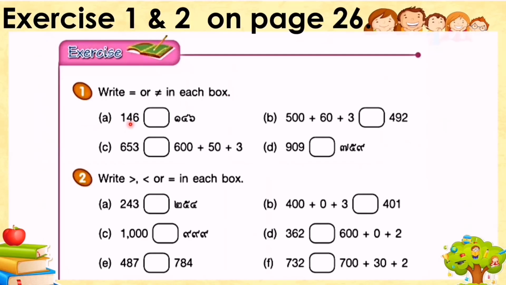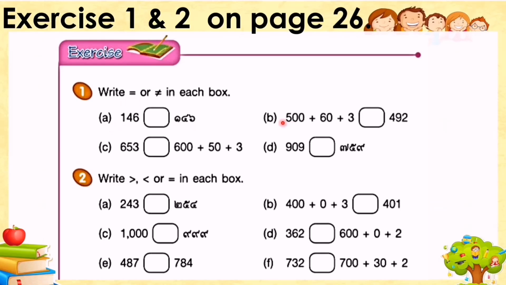Letter A, 146, and we compare it with this number. Sorry, I can't read this one. So you're going to answer letter A. If the numbers are the same, you are going to answer equal. You will write it here on the box.